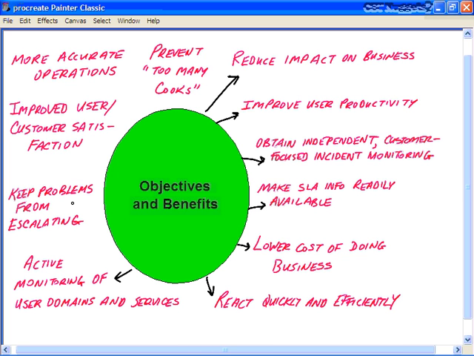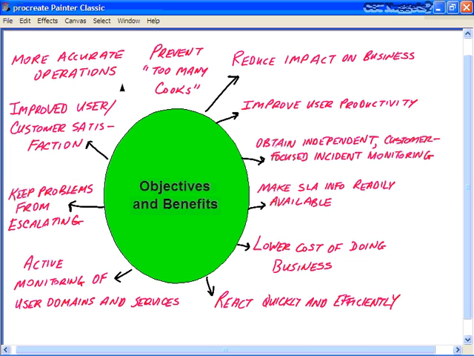We also want to keep problems from escalating. Now that's a funny term to use because from time to time we will have to escalate the problem either vertically or horizontally to other tiers. But I'm using the term here as it relates to becoming a bigger problem. By handling incidences quickly and efficiently, we can improve our user and customer satisfaction and overall goodwill to our company.